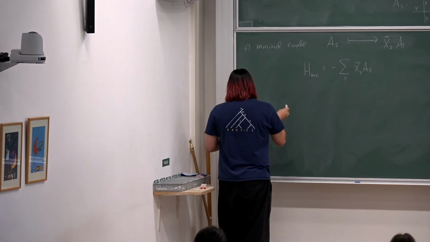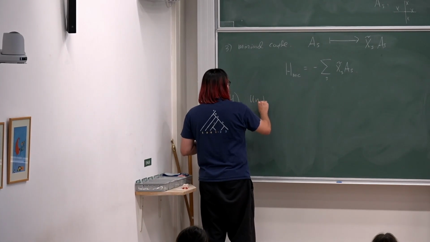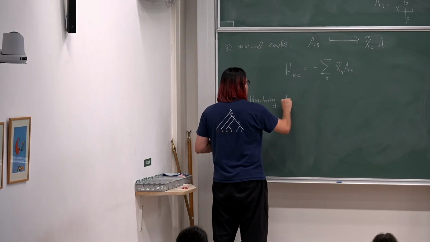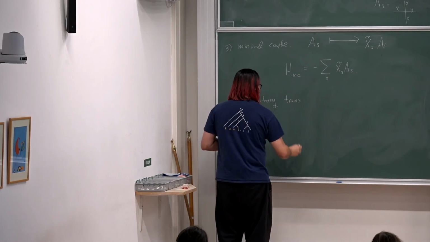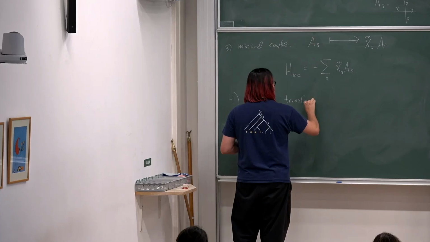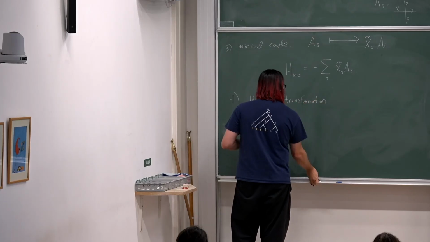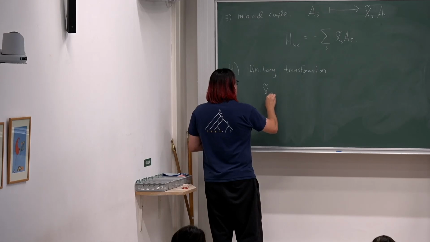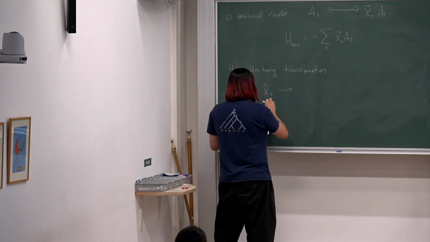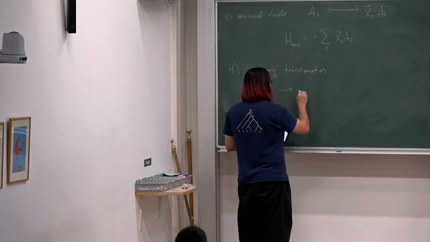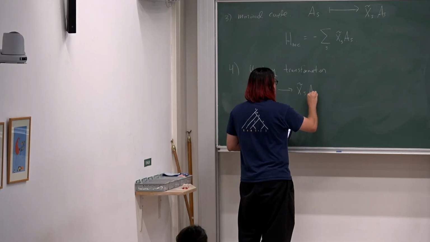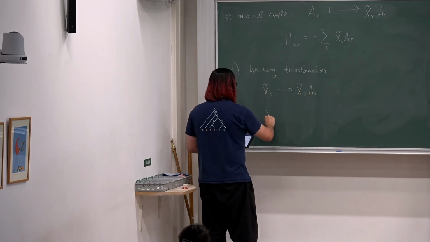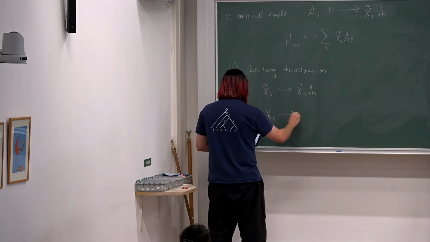So now the last step is I'm going to do a unitary transformation, where the X tilde operator gets sent to X tilde times A_S. The X operator on an edge doesn't change.